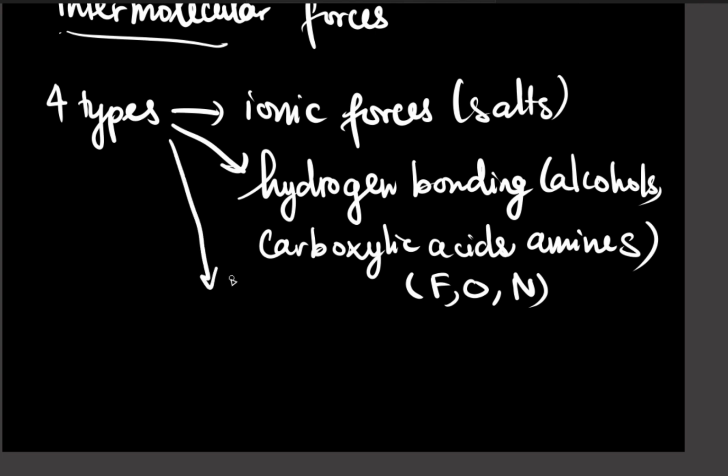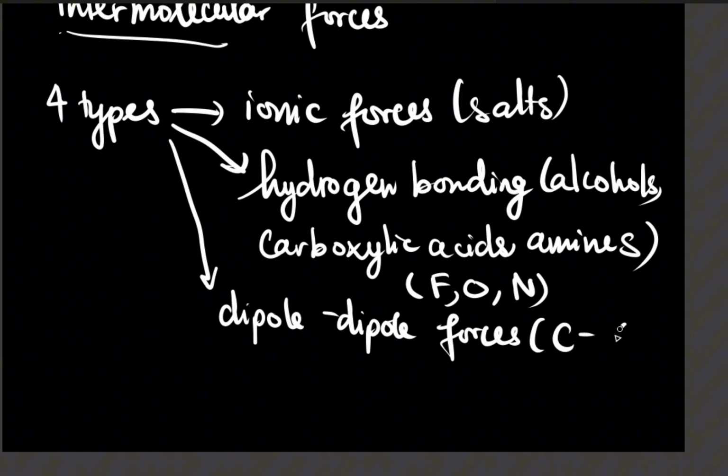So next, it's pretty similar to hydrogen bonding, but it's weaker. So we're going to call that dipole forces. And we're going to see this in carbon with some electronegative groups.